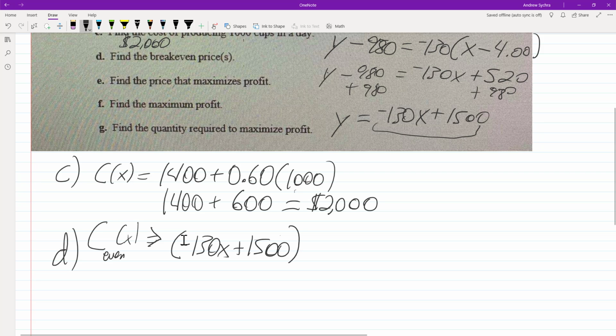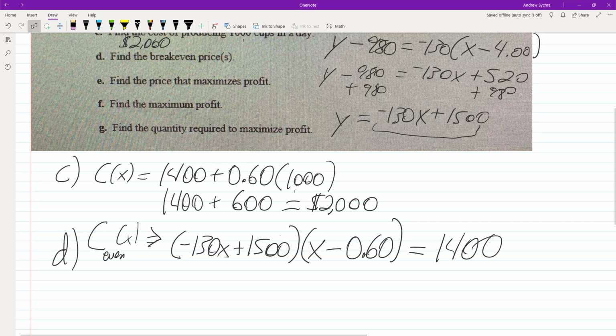Then we multiply that times how much per cup. Sorry, this is a little deceiving. This is how many cups, even though that's how much per cup. That depends on how many we sell. And then this is how much per cup here. And then we're subtracting how much it costs to make a cup, which is 60 cents. And then we're going to set this equal to 1400.